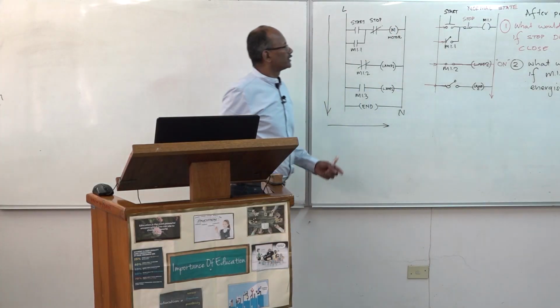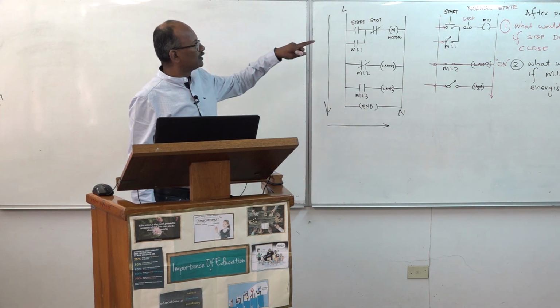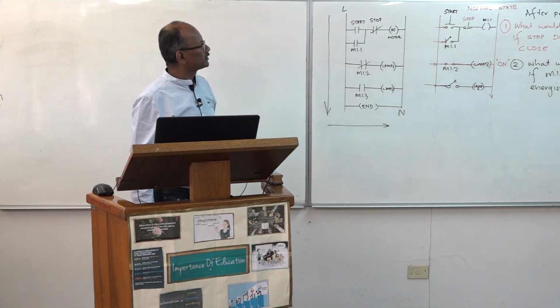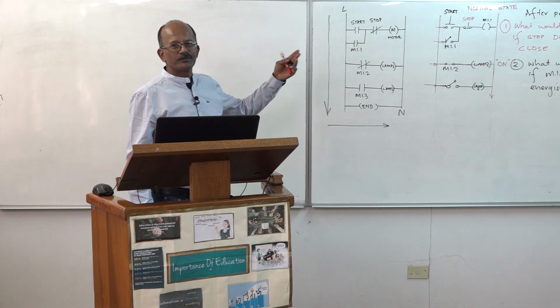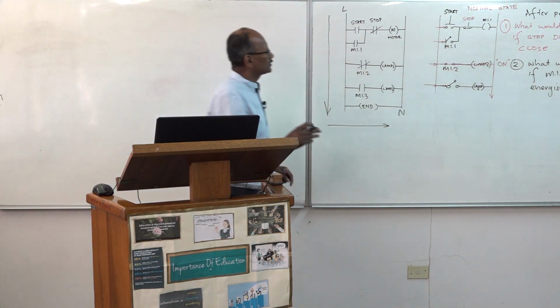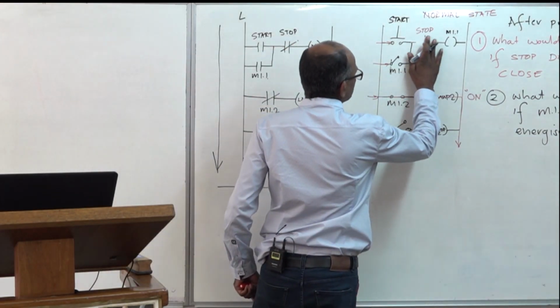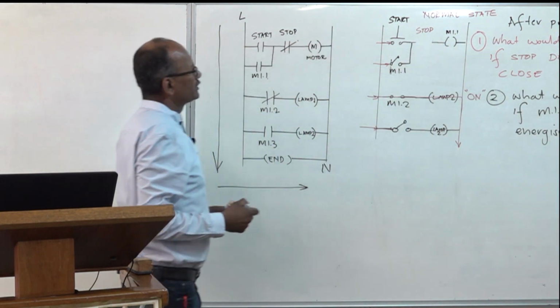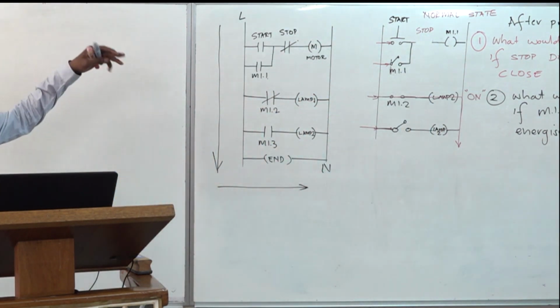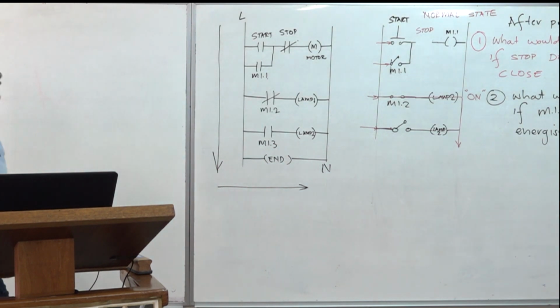Okay, so let's look at the question. After you press the start button, what would happen if the stop button does not close or refuses to close? So you will look at that fault and remove that stop button, because now it is not part of the circuit anymore. And you will answer what would happen if the start button is closed.